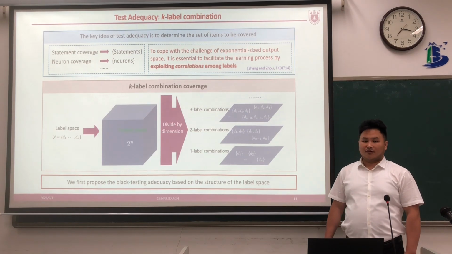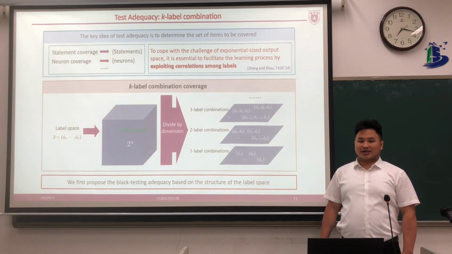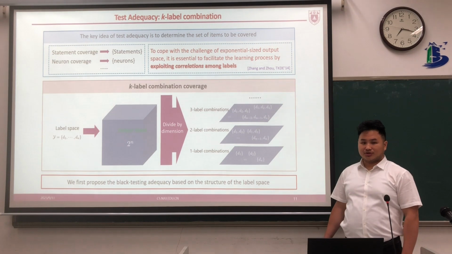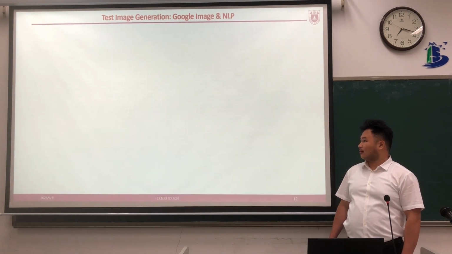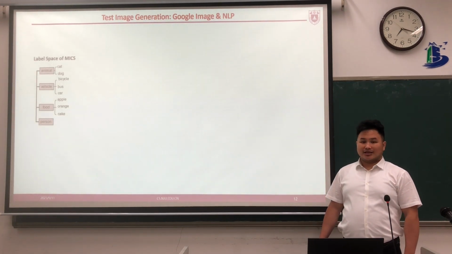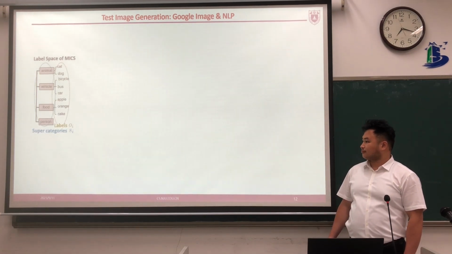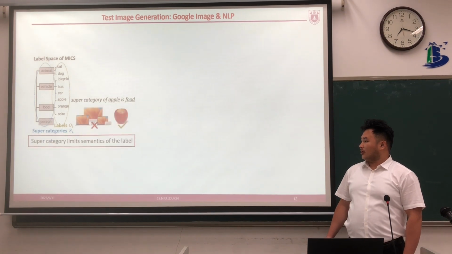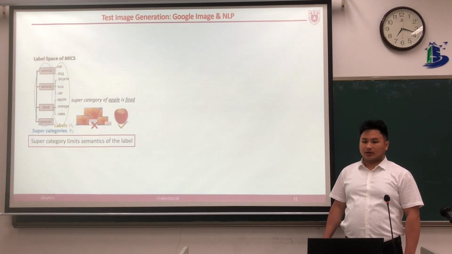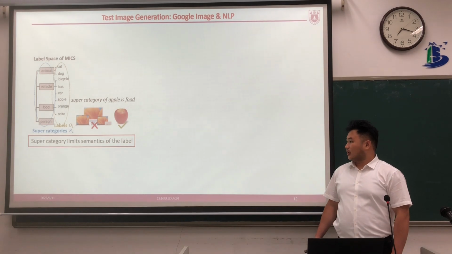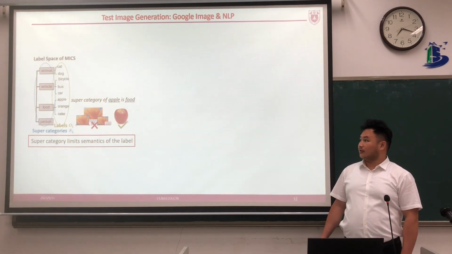So, for semantic testing of MSS, we divide the output space by dimension, such as one label, two label combinations, and so on. In the label space of MSS, labels are often with supercategories. It limits the semantics of the label. For example, for the label apple here, we know it's a fruit, not a company.